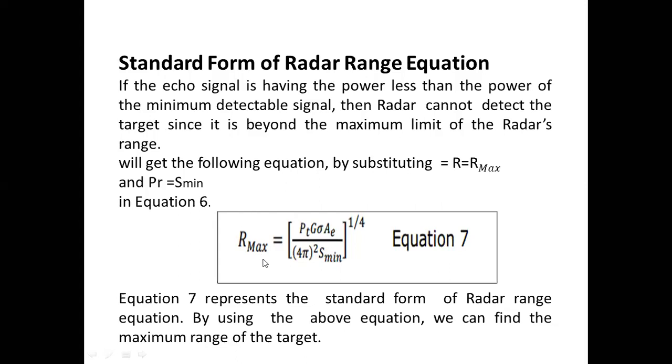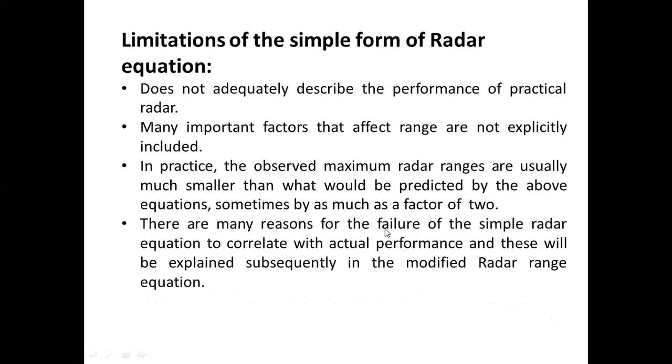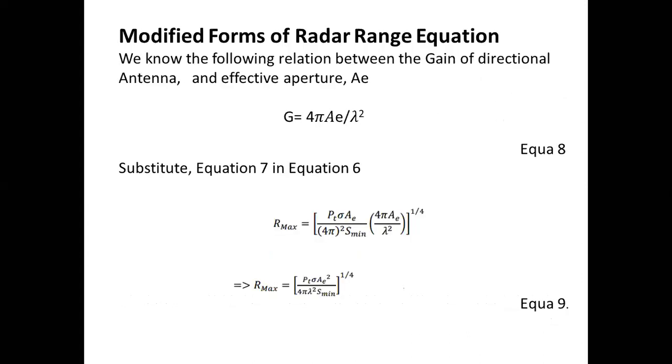By using the standard form of the radar range equation, theoretically only we can say this much range is there. But practically it is not possible. So that's why we are going to the modified form of the radar equation. This is nothing but the modified form of the radar equation.